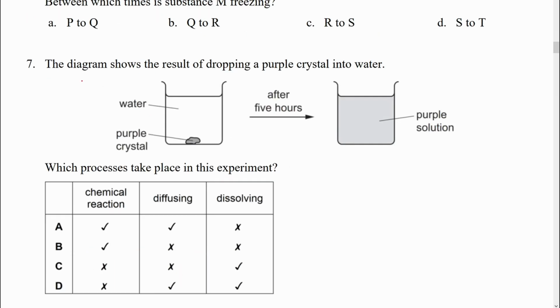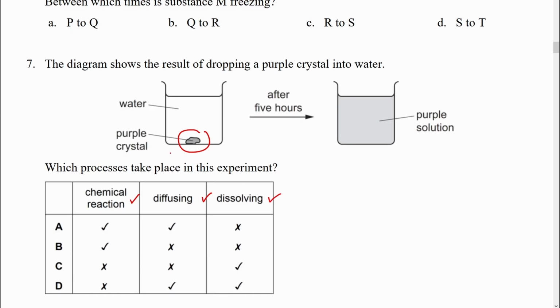Now question 7. The diagram shows the result of dropping a purple crystal into water. So this is the purple crystal. The question asks which processes take place in this experiment. Here there's chemical reaction, diffusing and dissolving.